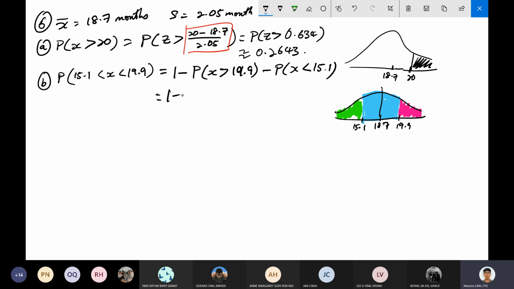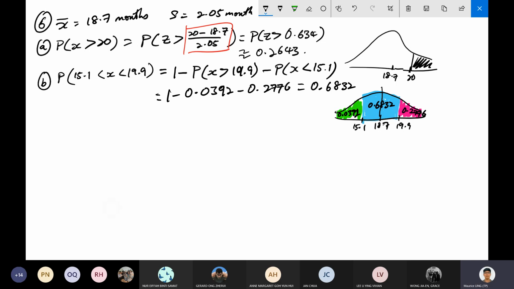So you get 1 minus 0.0392 minus 0.2776. You end up with 0.6832. Okay, so this is 0.6832. More than 19.9, you have 0.2776 here. This is the 0.0392.